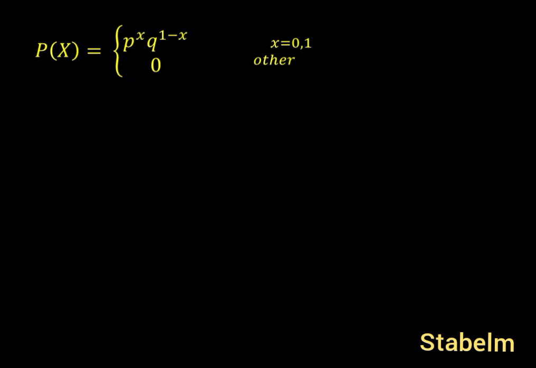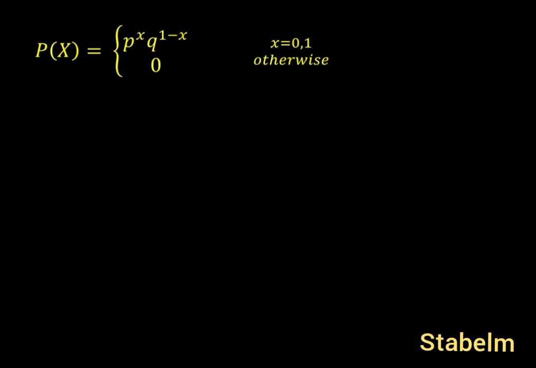So here, x can either take the value 0 or 1, with p the probability of success and q the probability of failure, and q is the same thing as 1 minus p.